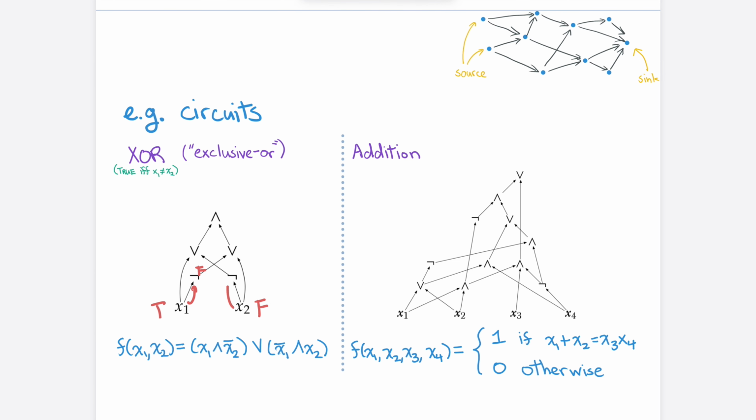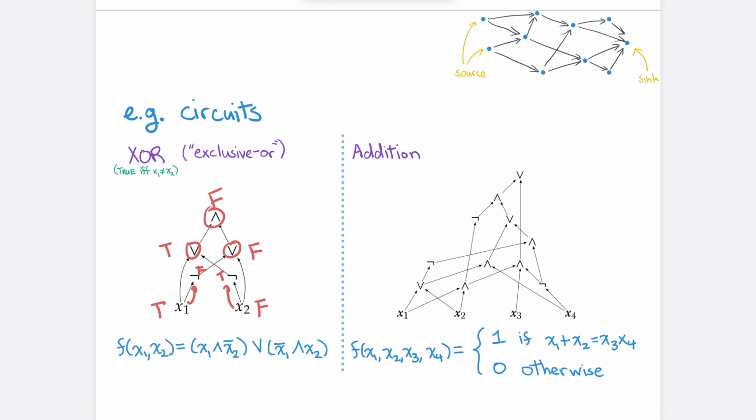This false goes up here, it becomes a true. You can propagate up through the graph. And here you'd have true or true, so that would be true. And if you're looking here, you would get false or false, so you would get false. And then finally, this would evaluate to false.